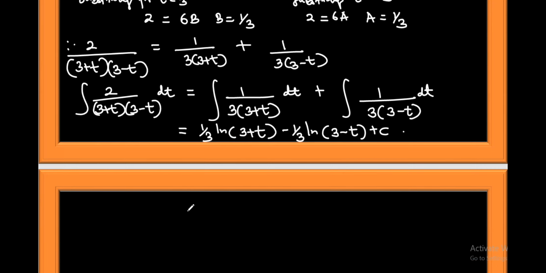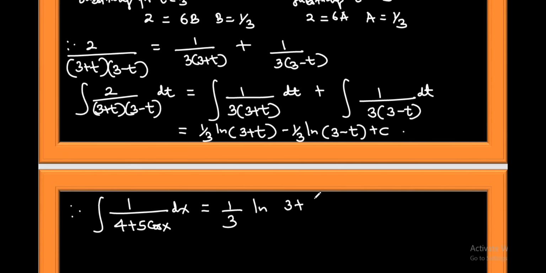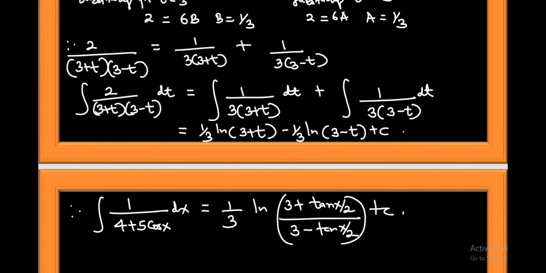So I can substitute that, and use that opportunity to conclude and say the integral of 1 out of 4 plus 5 cos of x with respect to x is actually equal to a third natural log of 3 plus t, which is tan x out of 2, divided by, because a third was a common factor here, a natural logarithm minus a natural logarithm, if the bases are the same, I can be free to divide. So this is 3 minus tan x out of 2.